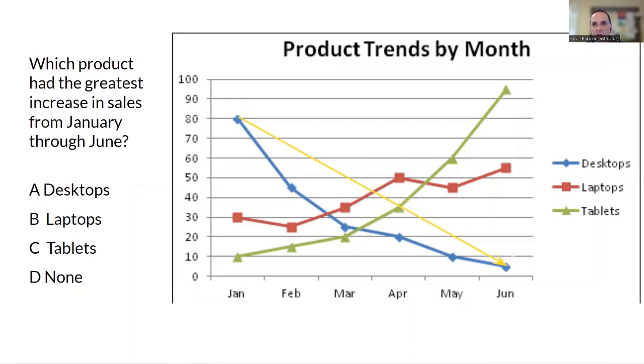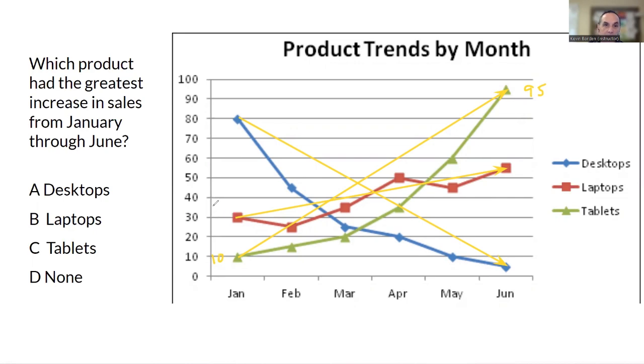They didn't increase at all, right? They went down a lot. Laptops went from here to here. They increased. Tablets went from here to here. They increased a lot. If you want to look at the numbers, they went from about 10 to about 95.